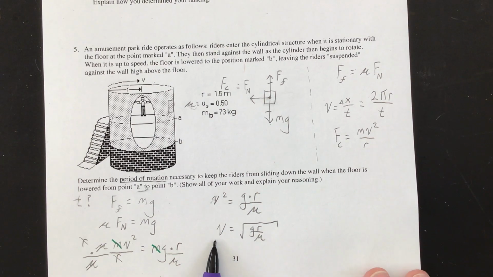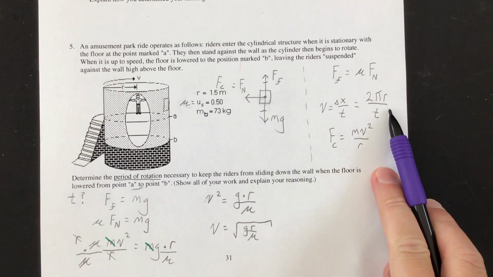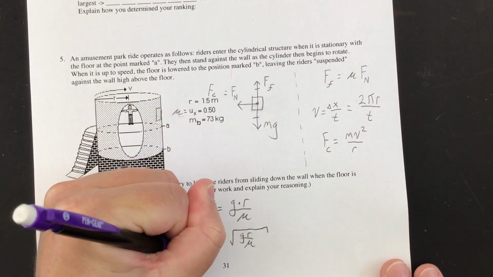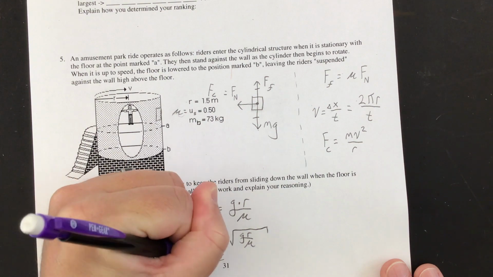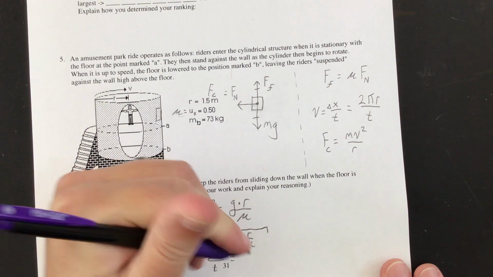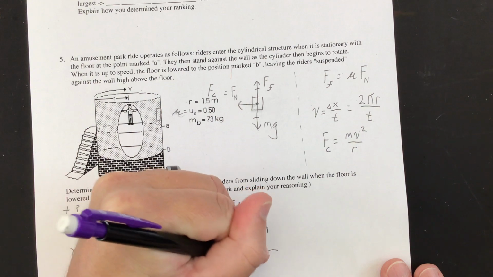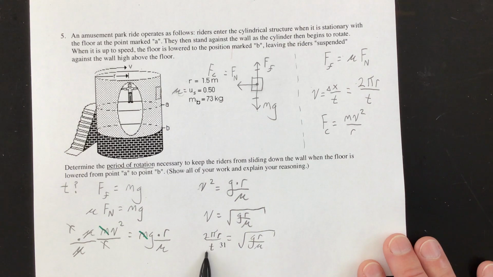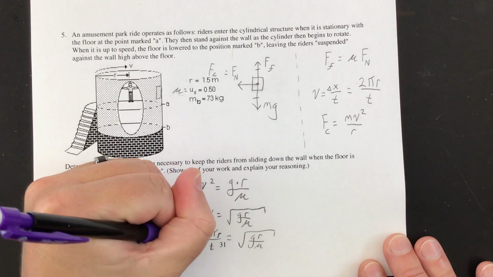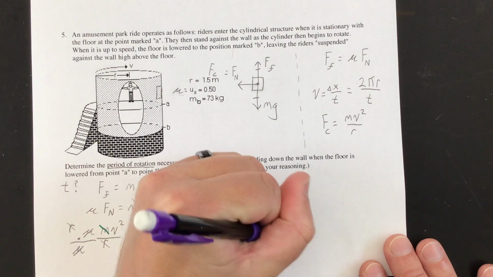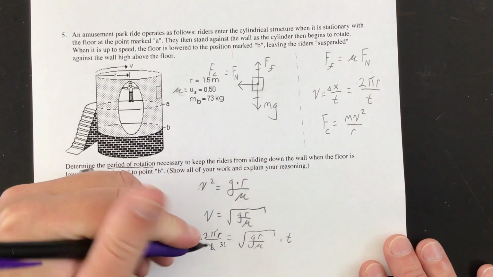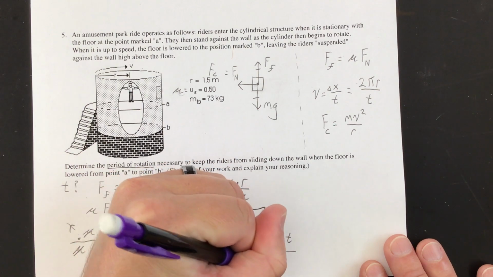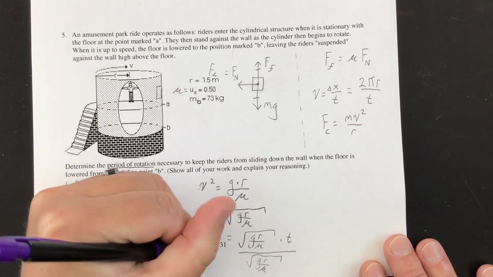Now I'm going to plug in for what v is. We know that v is 2 pi r divided by the time. So 2 pi r divided by the time is going to equal the square root of gr on mu. I'm going to try to solve for the time. So I'm going to multiply by time on both sides. Now time is going to cancel on one side, and I'm going to divide by the square root of gr on mu on both sides.